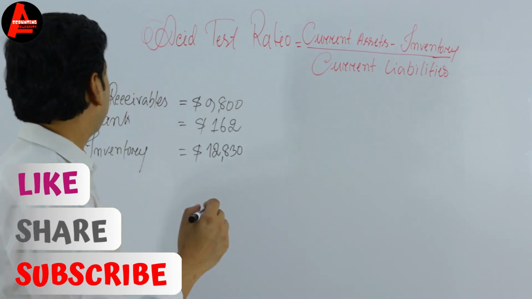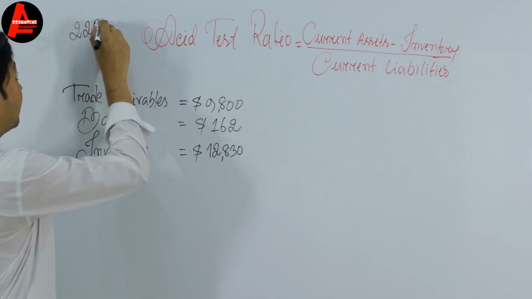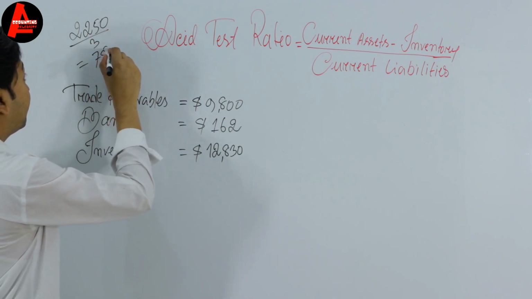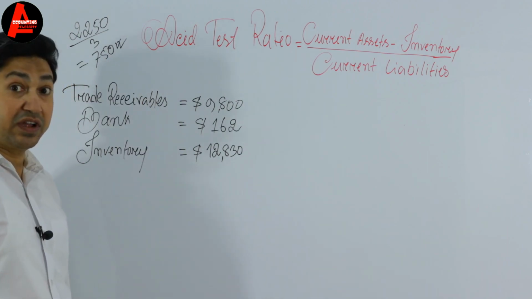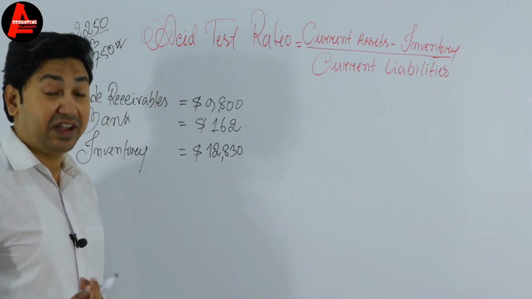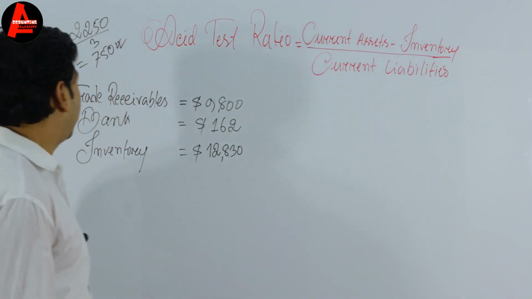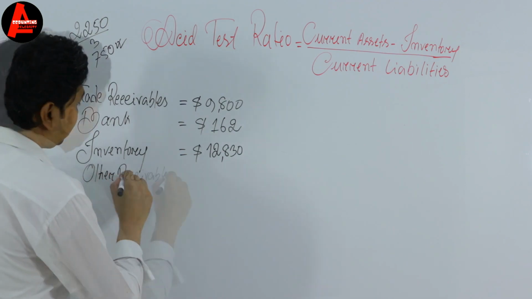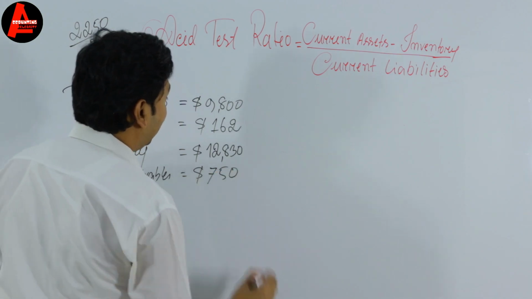So for 3 months we are supposed to pay $2,250. So how much for 1 month? It is $750. This amount is paid in advance. It is other receivable. It is also a current asset for the business. So let us write here other receivable, $750.